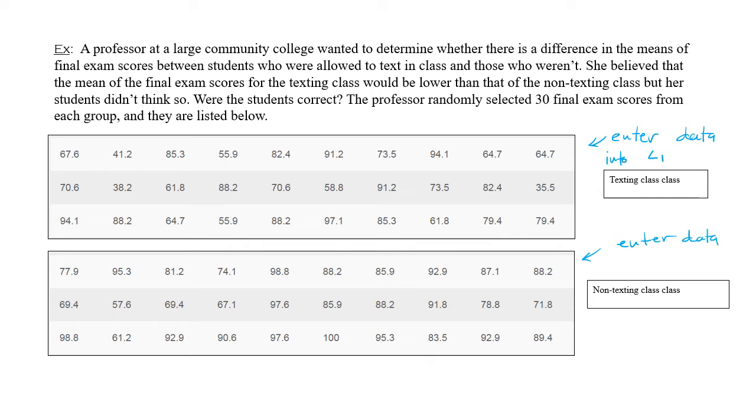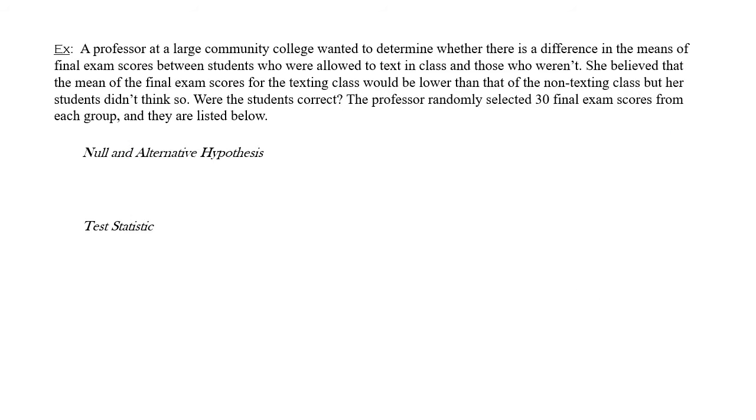Okay, so we'll take a moment to enter all this data into two separate lists, and then we'll use those lists in our 2-SampTTest to compute the values for us. So before we get to the next slide, I'm going to go ahead and enter these values, and then we'll get all the data that we need. Now that we've got all the data input into two lists, let's continue with the rest of the problem.